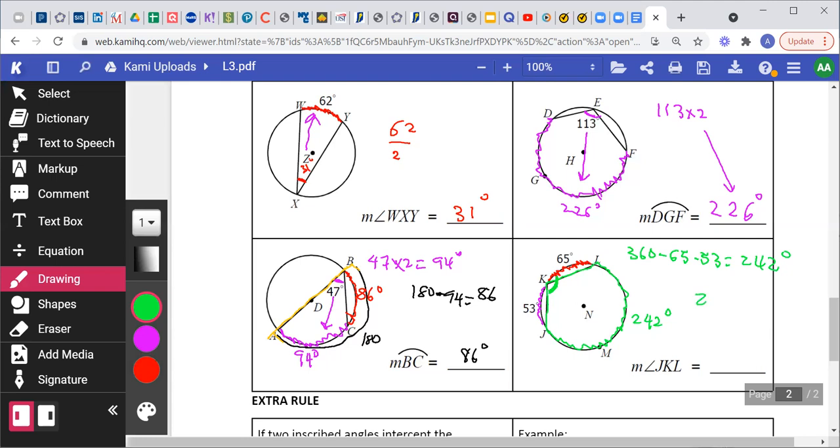So you're going to do 242 divided by 2 to find the inscribed angle. So this gives us 121.